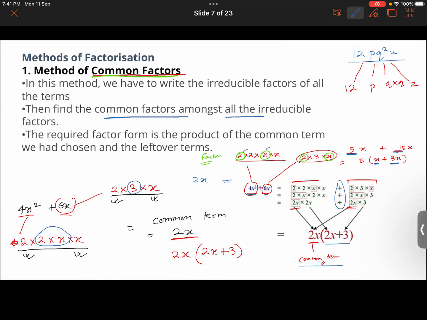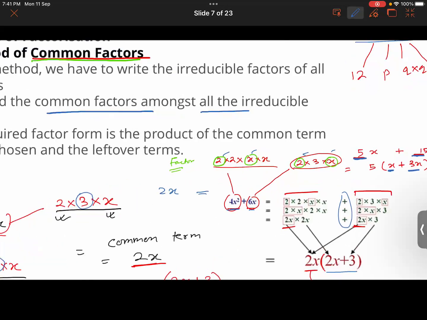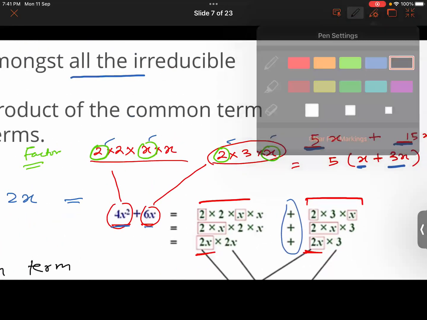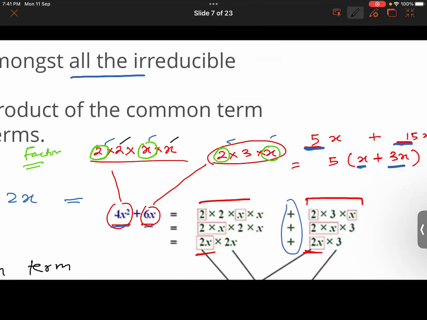Now the resultant factor form will be the product of the common factor and whatever is left. So what is left, Arhan? This 2 is left, and this 3 is left. Good.